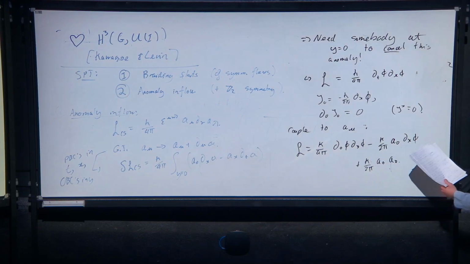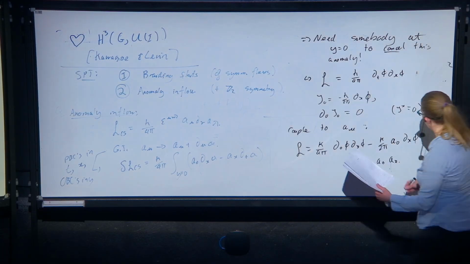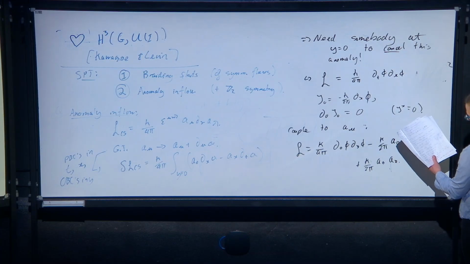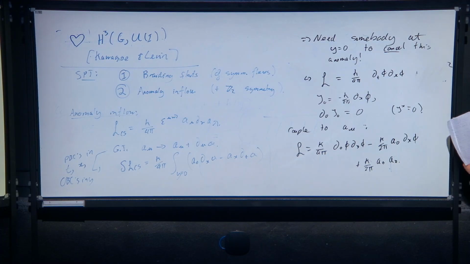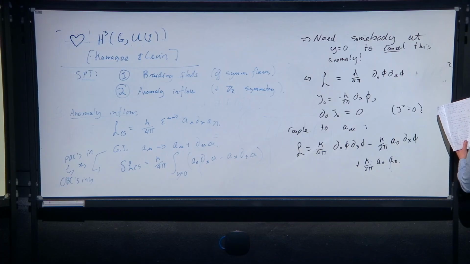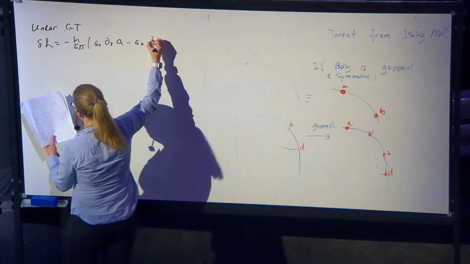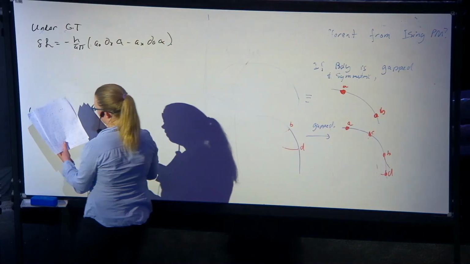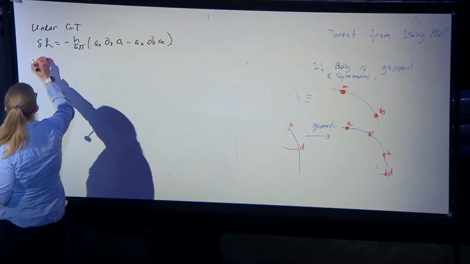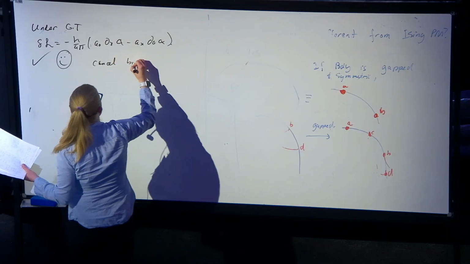And so now if you do this, you find that this action is definitely not gauge invariant, okay? And specifically, under gauge transformations, if I write this down, I find that the variation in the action looks like this. And this is great because, yes, this is what we need to cancel the bulk anomaly.